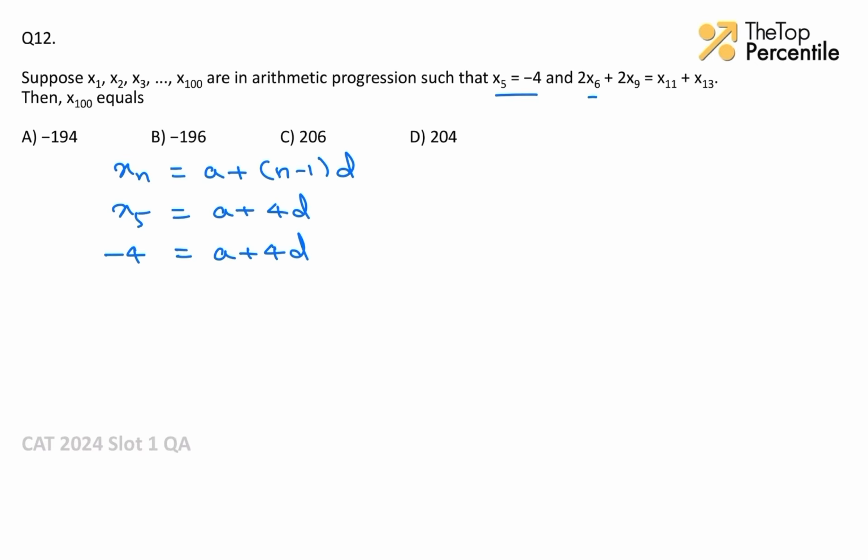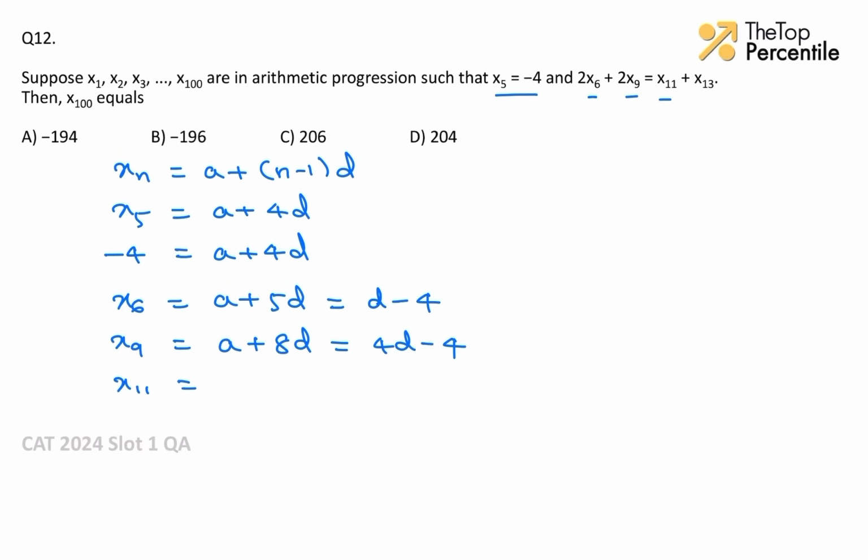Let's work on x6 as well. So x6 will be a plus 5d. Already know the value of a plus 4d, it is minus 4. So this will be d minus 4. Let's take x9. x9 will be a plus 8d. This will be 4d minus 4. Let's take x11 now. x11 will be a plus 10d.